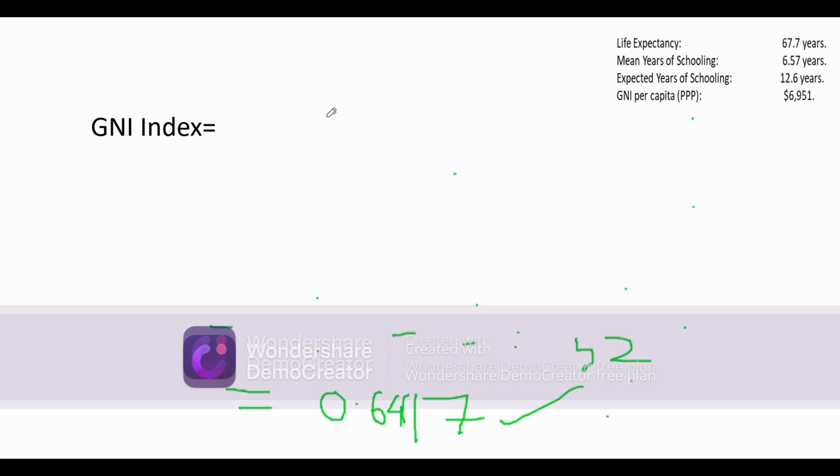Now what is the formula to calculate the HDI? The formula is this: HDI equal to geometric mean.